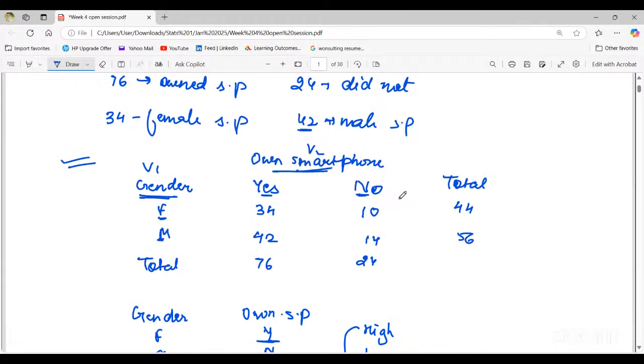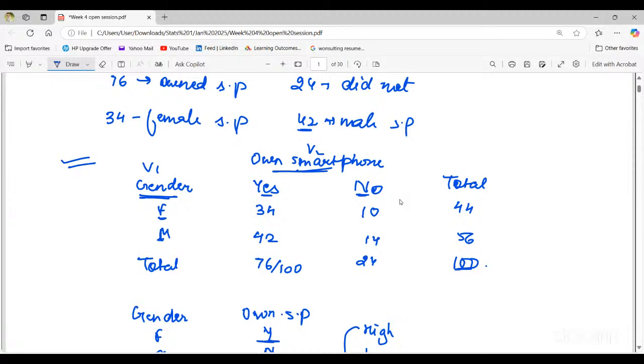Tell me what proportion of total participants own a smartphone? Before that, can you tell me what the total is here? It's 100. So the proportion of total participants owning is 76 by 100, 0.76.